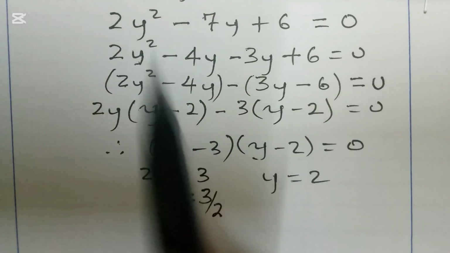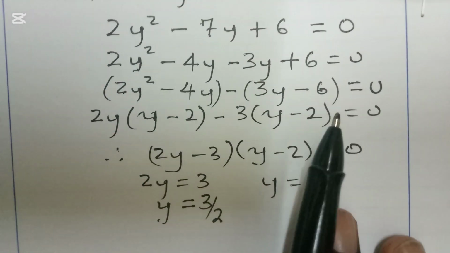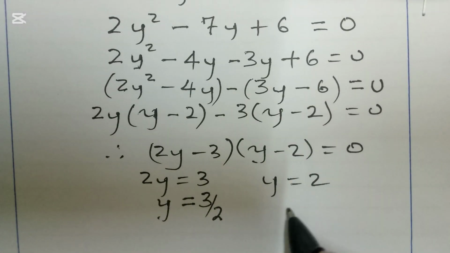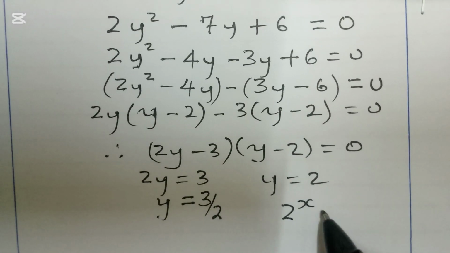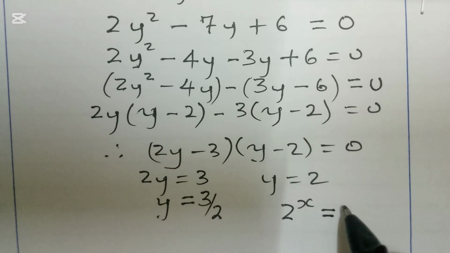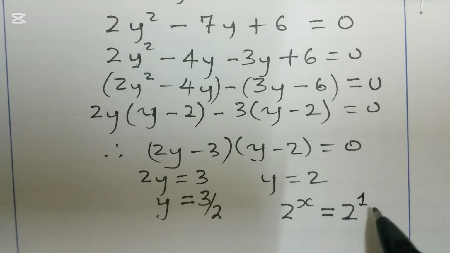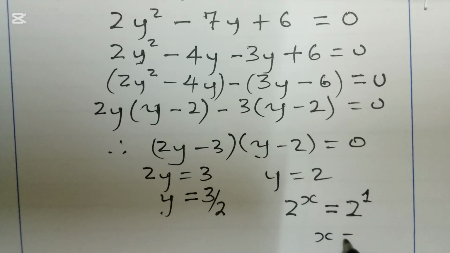Converting back to 2^x = y, this means we shall have 2^x = y, where y is 2. So here, x equals 1.